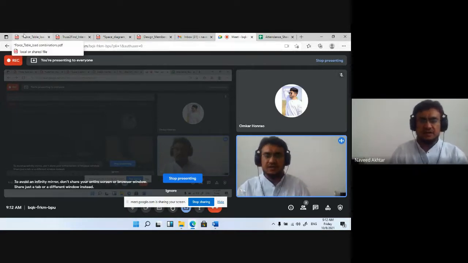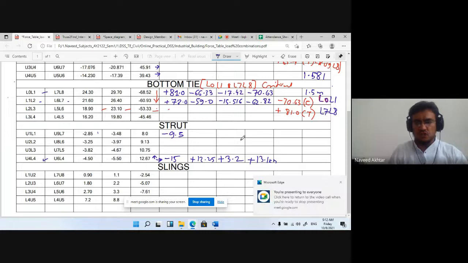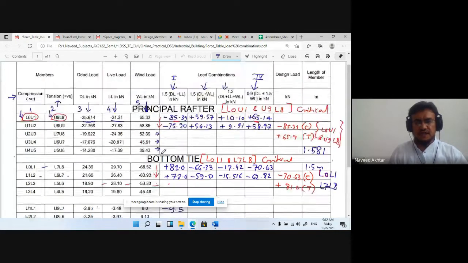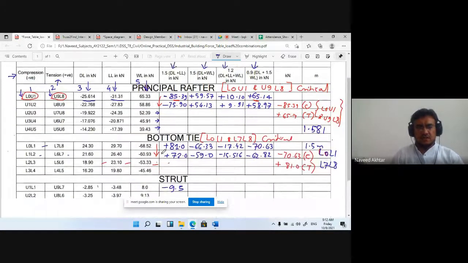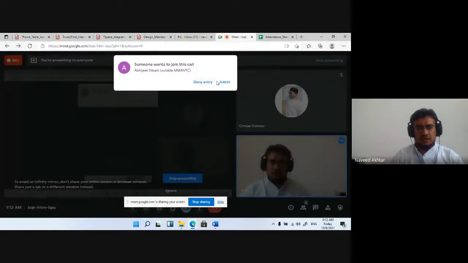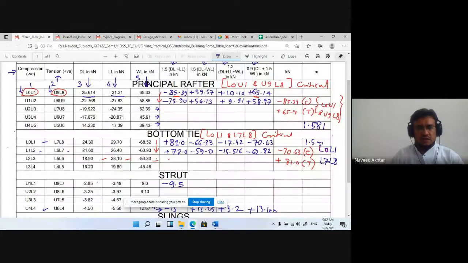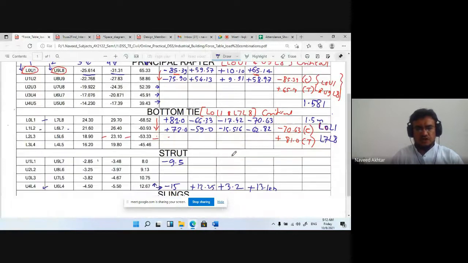We have already completed our graphical method analysis, found the internal forces in the members of the truss, and prepared the force table based on that. Now we have to design the members of the trusses, that is, the principal rafter, bottom tie, strut, and the ceilings.